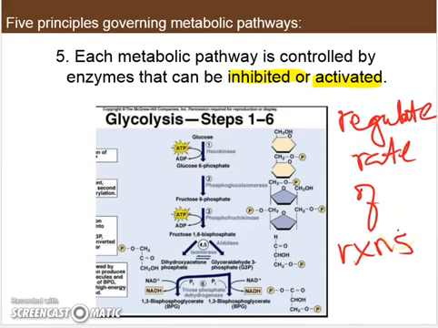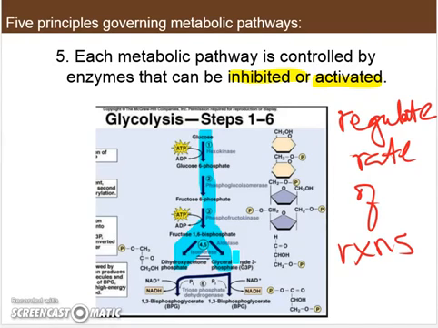Right? So, again, this is glycolysis that we've been looking at, the first set of reactions that allow cellular respiration to occur. And so, if we have activated enzymes, our process is going to progress through.